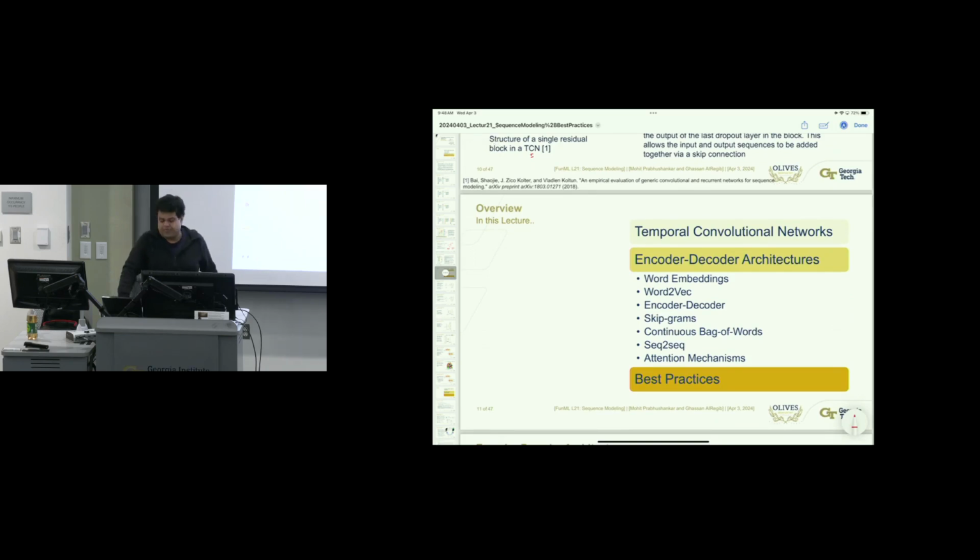All right, so next we come to the last kind of architectures that we're going to be seeing, which is the idea of encoder and decoder architectures. We saw autoencoders when we talked about vision. I believe it was like lecture 18 to 19 or something like that. We saw autoencoders, convolutional autoencoders, and variational autoencoders.